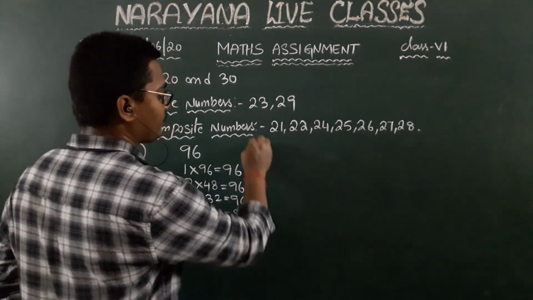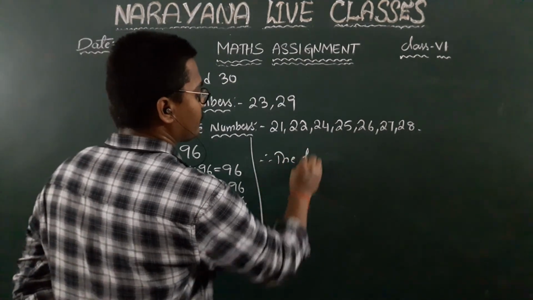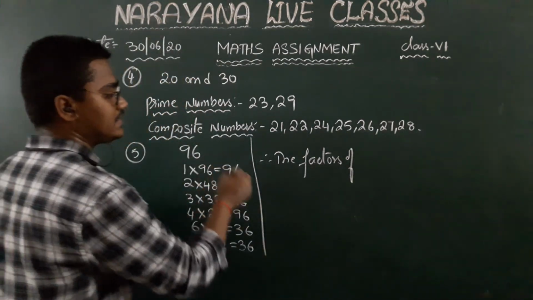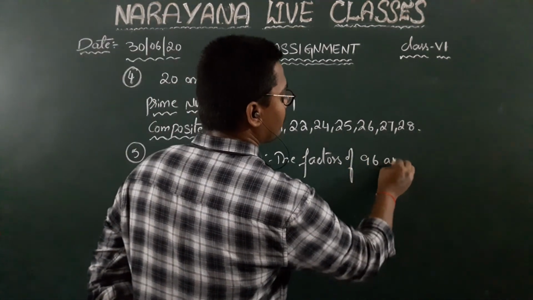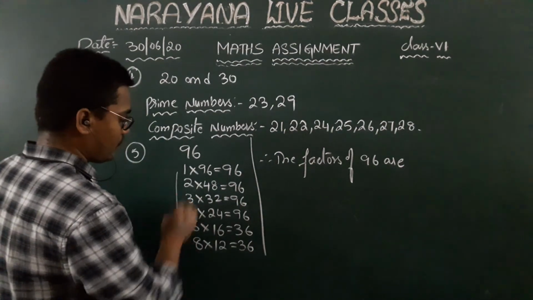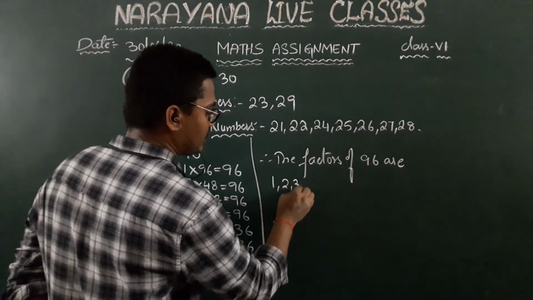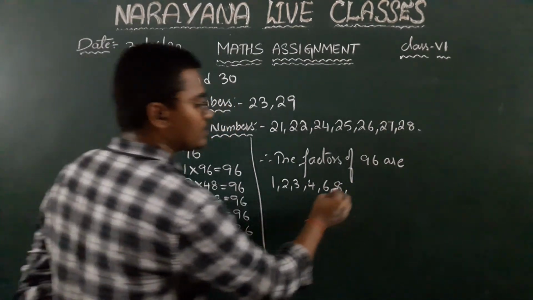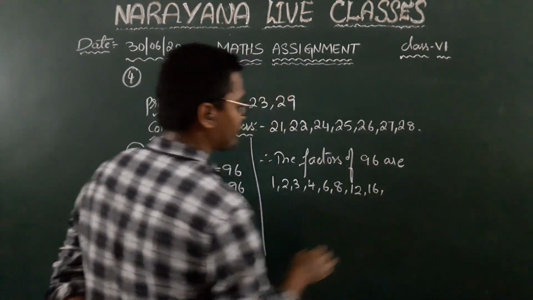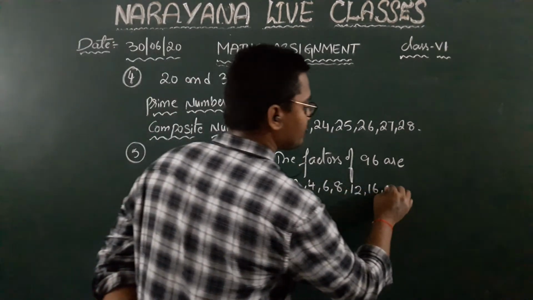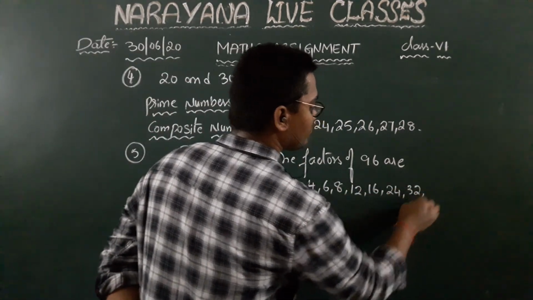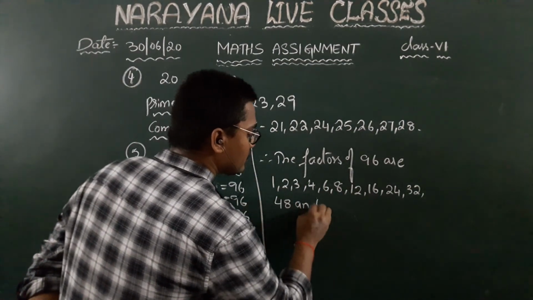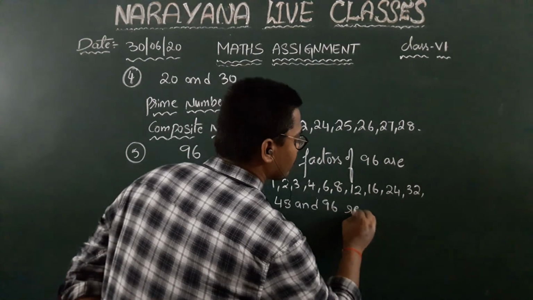So therefore, the factors of 96 are, write down, children: 1, 2, 3, 4, 6, 8, 12, 16, 24, 32, 48 and 96 respectively.